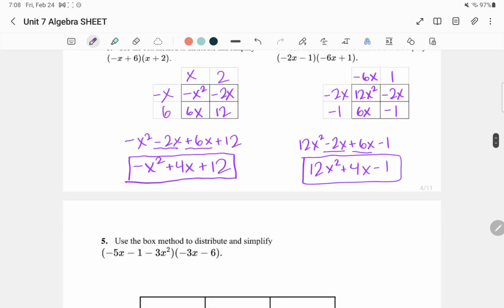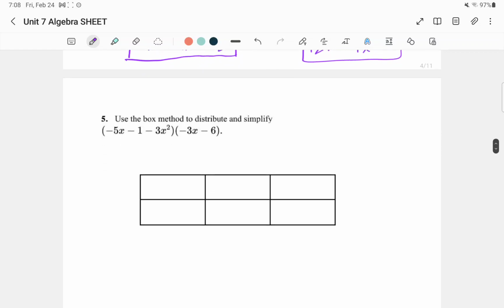All right, so we're going to go on to number 5, which is just the same thing, just a little bit longer. So now I have a trinomial times a binomial. So I'm going to break up that trinomial into the boxes that have 3 boxes. It's going to be the top now. So I'm going to bring negative 5x right here, negative 1 right here, negative 3x squared right here. Then I'm going to break up my second set of parentheses, my binomial.